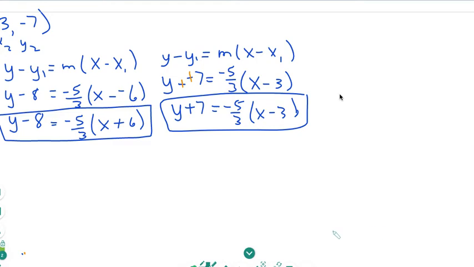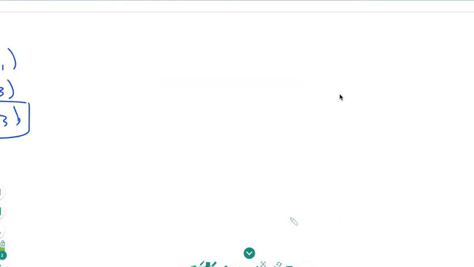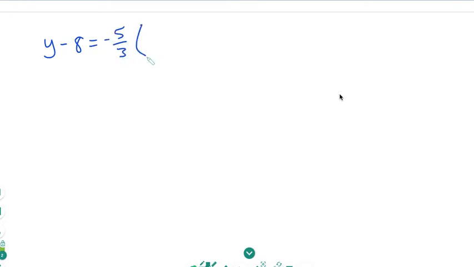So now I'm going to take my 2 point slope forms and I'm going to change those into slope intercept. So we will start with y minus 8 is equal to negative 5 over 3 times x plus 6.